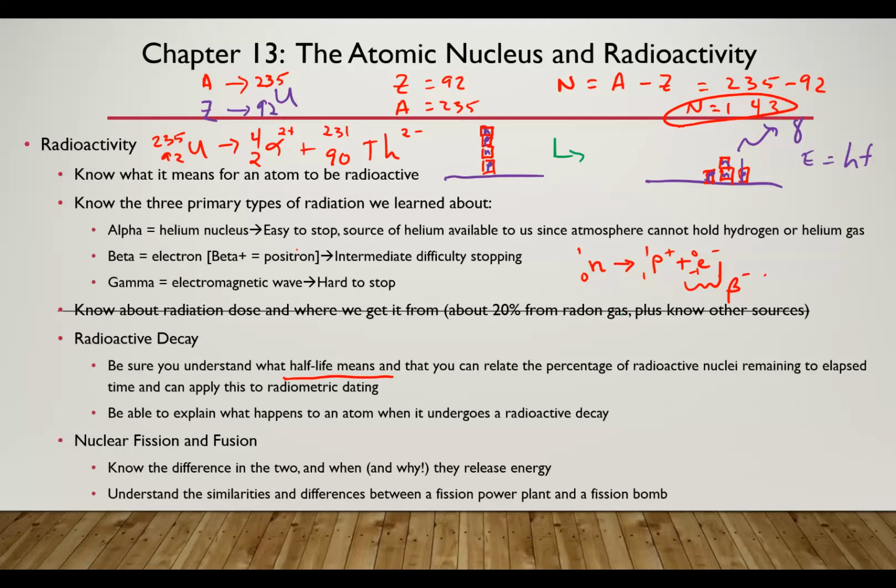Nuclear fusion and fission. Fusion is when two things merge. So if I have a proton, which I'm going to write here as a hydrogen 1, and it meets a deuterium, a hydrogen 2, that can produce a helium 3.